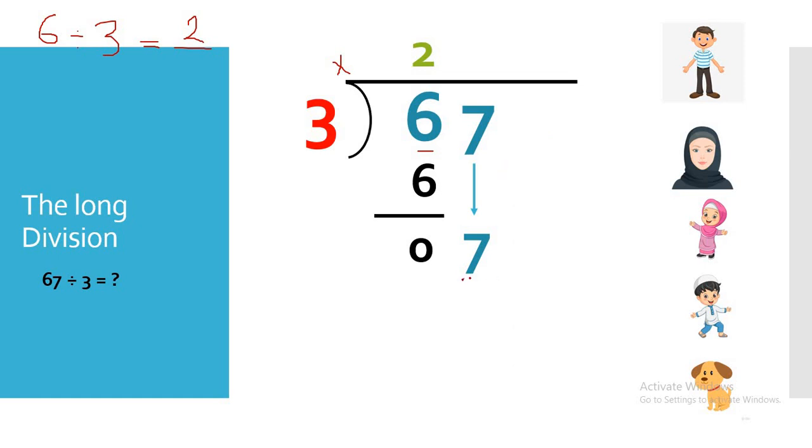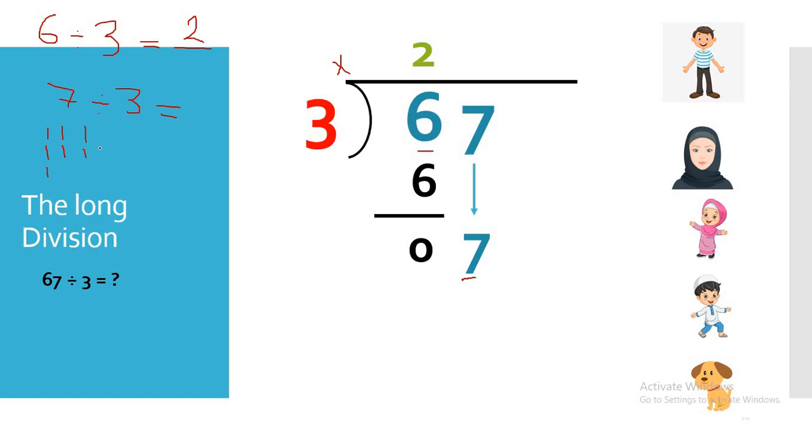Now we have 7 ones only. Now we are thinking about 7 divided by 3. How many groups of 3 can we make out of 7? If we have 7 counters, how many groups of 3 can we make?